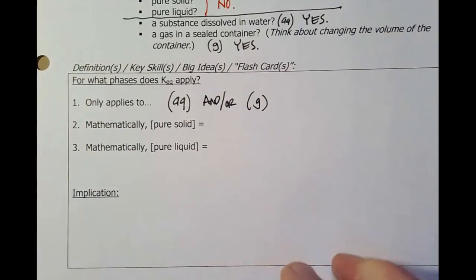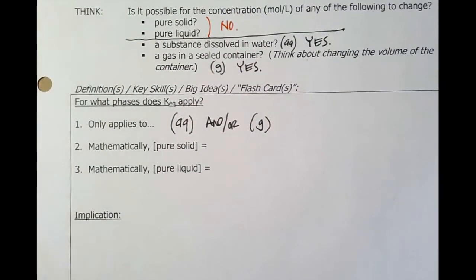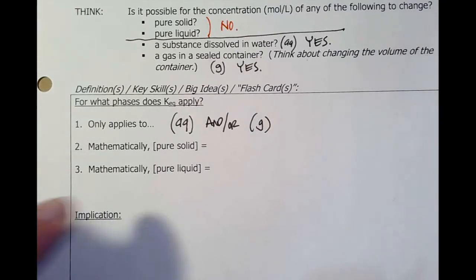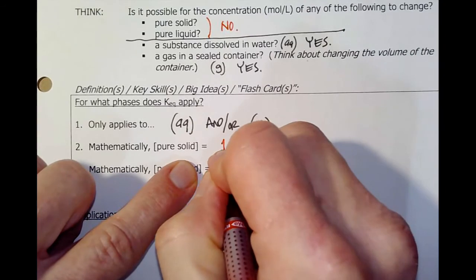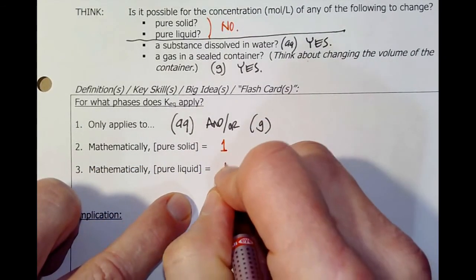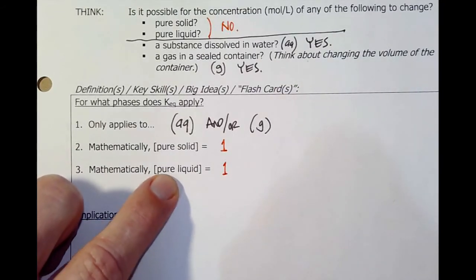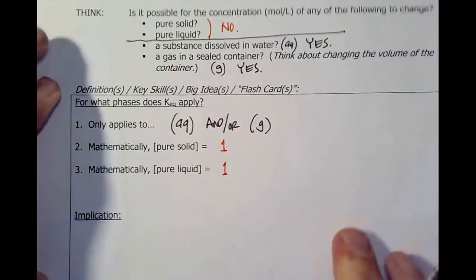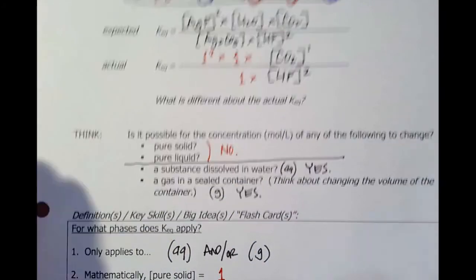So we can sort of ignore solids and liquids. And even better, I think the trick for Chem 51 is, if I see the concentration of a pure solid, I plug in 1. If I see a pure liquid, I plug in 1. Mathematically, that works.